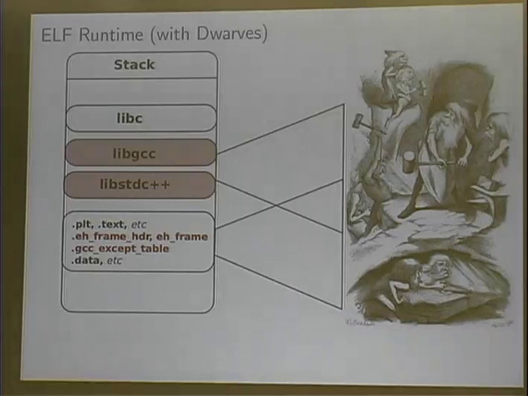This interpreter interprets the contents of EH frame by looking into the EH frame header and the GCC except table. So imagine this is your program, and this box is its virtual address space. If you dig deeper, you find a bunch of busy dwarfs doing their thing when an exception happens.